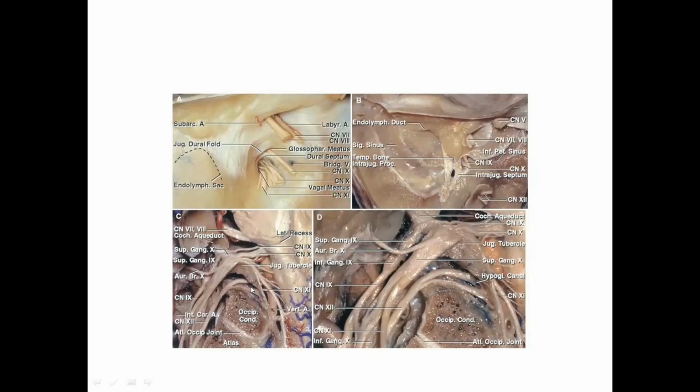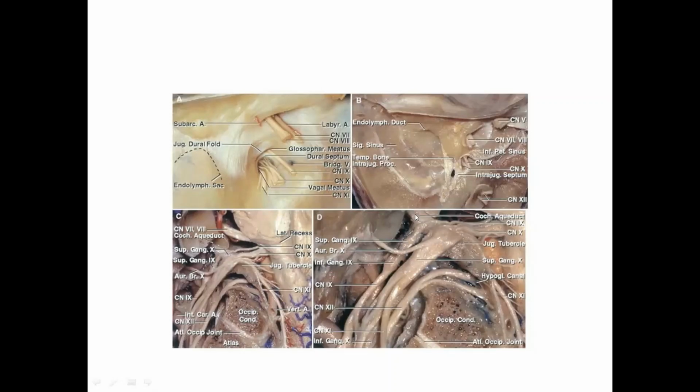This is the occipital condyle, which forms the medial boundary, or the medial edge, of the jugular foramen, and this is the vertebral artery, coursing through the C1 transverse process and then coming off anteriorly to enter here. This was the joint we were talking about initially between the occipital condyles and the atlas, which is the first vertebra.